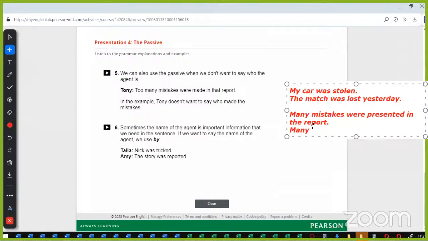A thief was caught red-handed, or the thief. We don't want to say who caught him, actually.